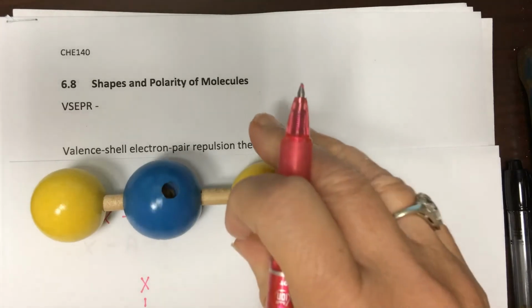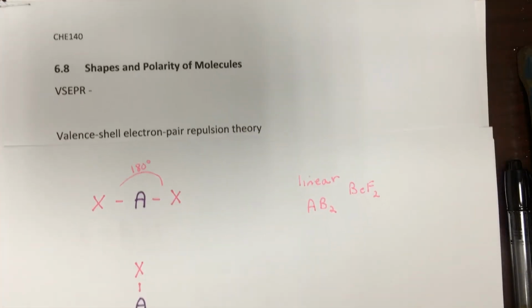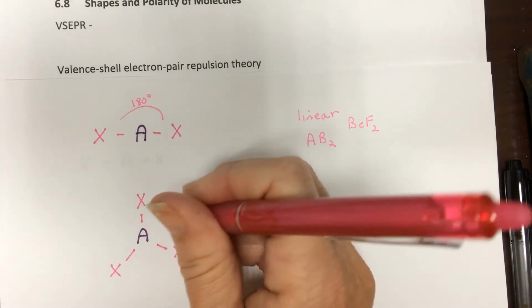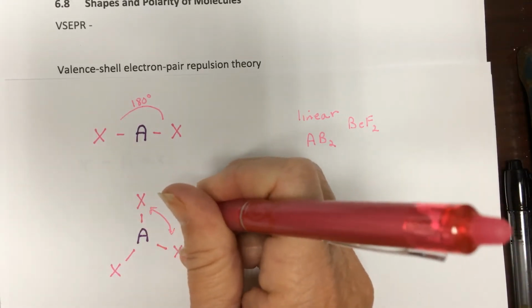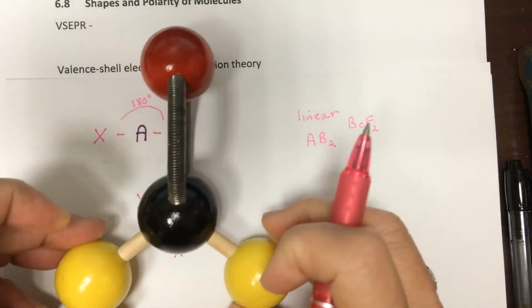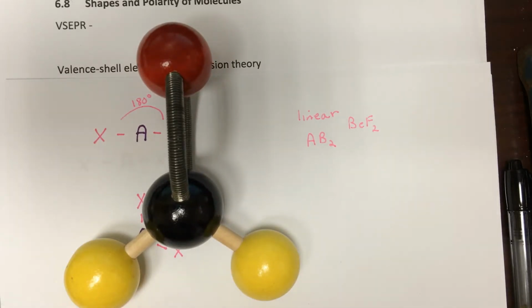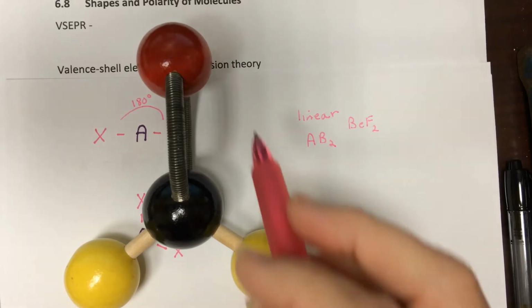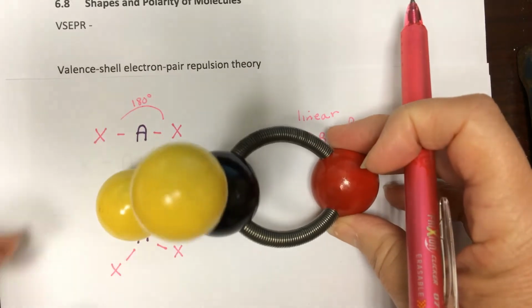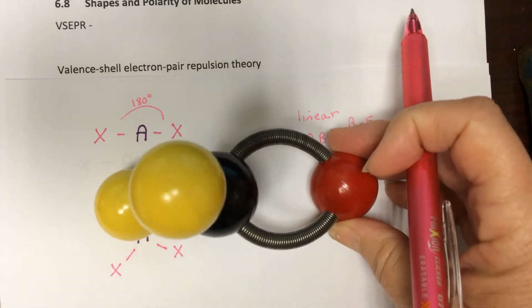Okay, now what if we have a molecule with three bonded atoms? Well, those groups will want to be as far apart from each other as they can, so we get 120 degrees. Here's a sample of a trigonal planar. It's trigonal because it's got three groups, and all the atoms are in a plane.